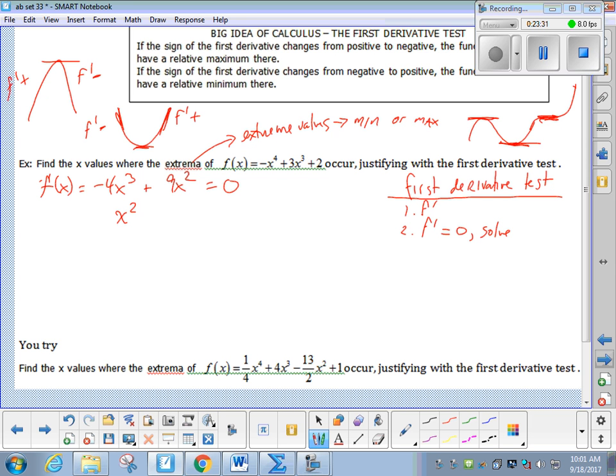Factor out an x squared, leaving you with negative 4x plus 9 inside. So the places where x equals 0, or this equals 0, the derivative is 0 at 0 and 9/4. Okay? I just found horizontal tangents.